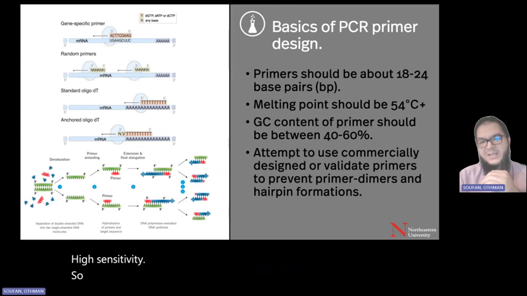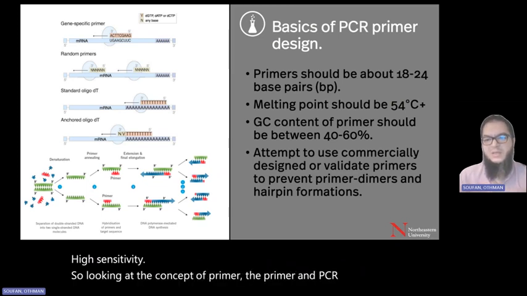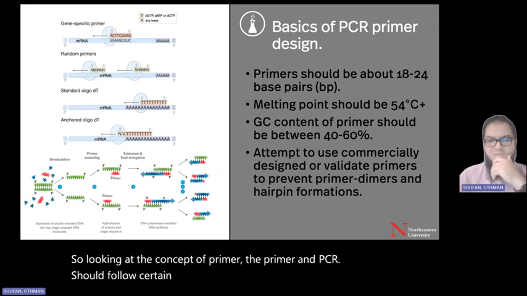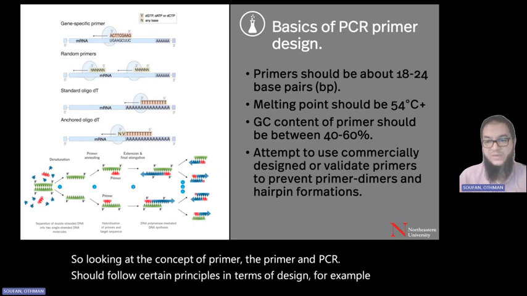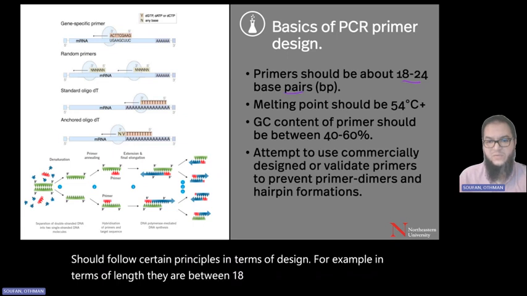So looking at the concept of primer, the primer in PCR should follow certain principles in terms of design. For example, in terms of length, they are between 18 to 24 base pairs.